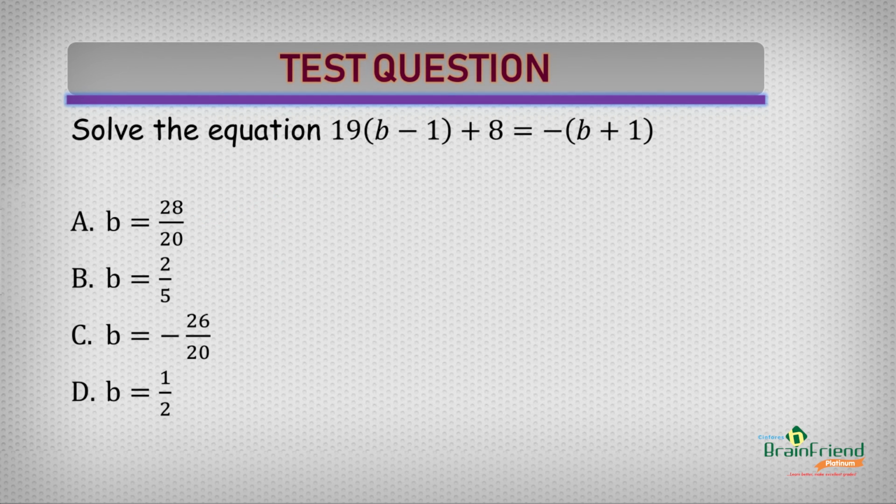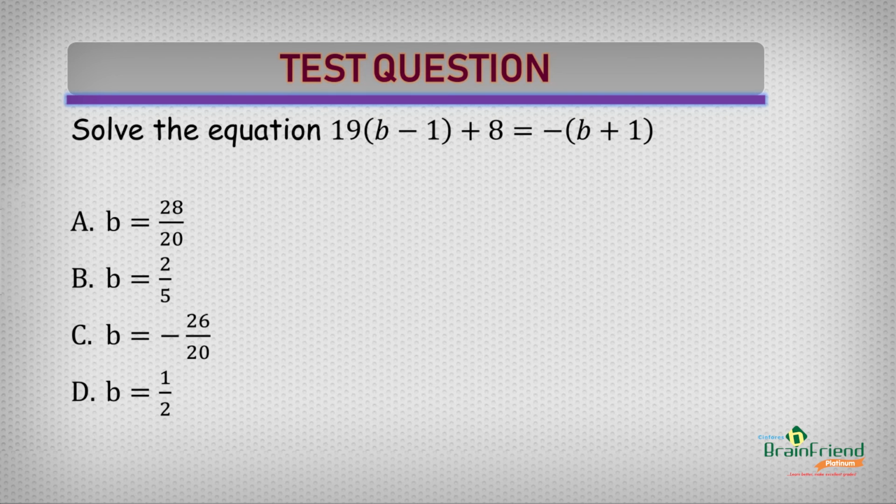Question 2. Solve the equation 19(b minus 1) plus 8 is equal to minus (b plus 1). Option A, b is equal to 28 over 20.